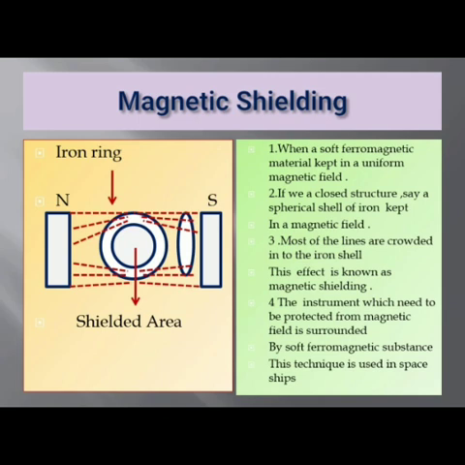When I talk about the instrument which needs to be protected from the magnetic field, it is surrounded by a soft ferromagnetic substance. This technique is used basically in spaceships. Thereby, we could say that some scientific experiments require the experiment to be protected from the magnetic field in the laboratory also. Thereby, the high magnetic fields of magnets can be shielded by providing a case made of soft ferromagnetic material.